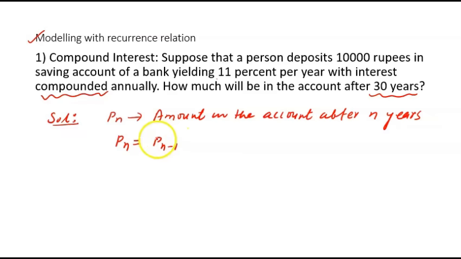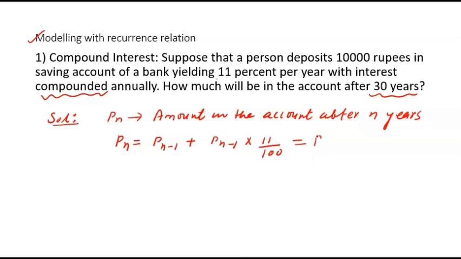So this is the amount at the end of the n minus 1th year, and on this amount, because the interest is being calculated annually and it is compounded annually, whatever is available in the account at the end of n minus 1 year, 11% interest will be given to the customer. So 11% interest means that we have to calculate 11% of this, that is Pn minus 1 into 11 by 100, right?